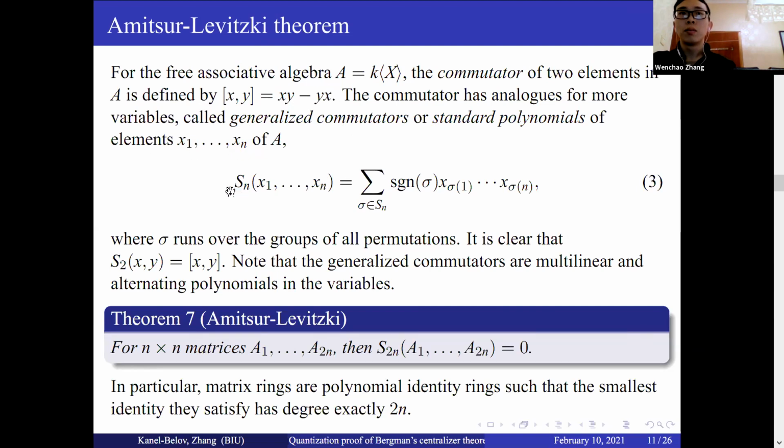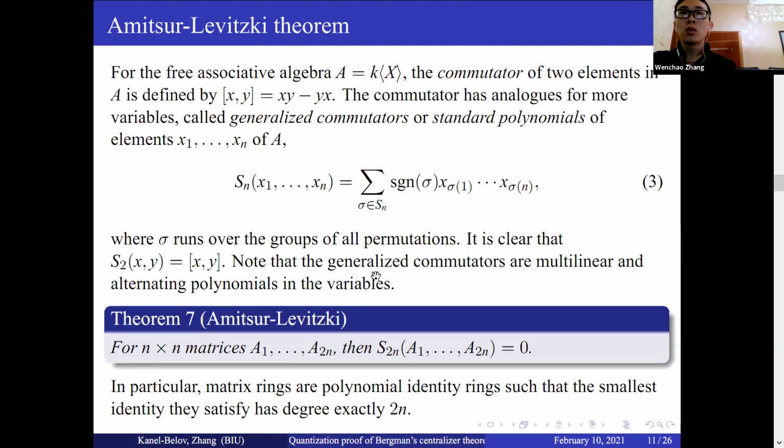So this S_n(x_1, ..., x_n) is defined as the summation of x_{sigma(1)} ... x_{sigma(n)}, where sigma is inside the symmetric group, multiplied with the sign of sigma. So sigma runs over all the elements of the group of permutations. It's clear that if n is 2, it's just the commutator.